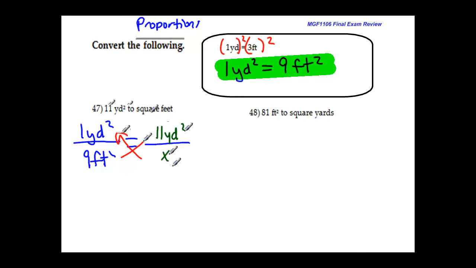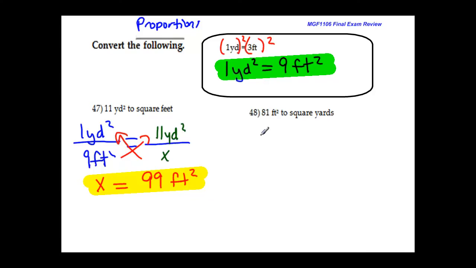We are going to cross multiply. 1 times x is x. 9 times 11 is 99. My units are feet squared. No rounding involved. That is my answer.